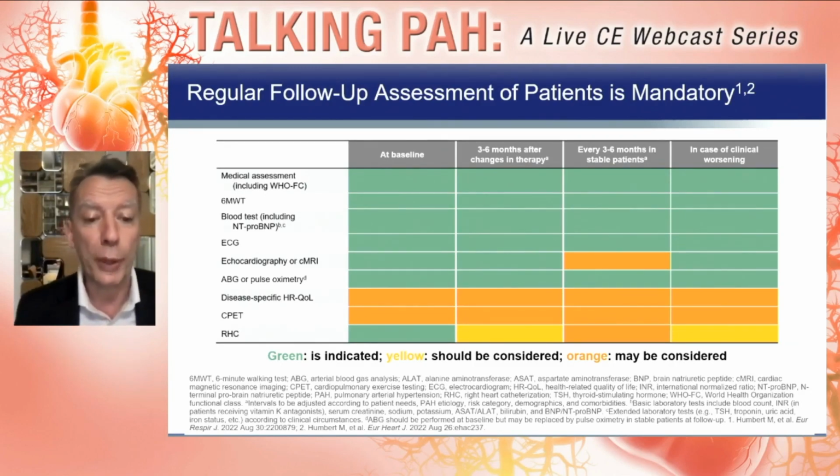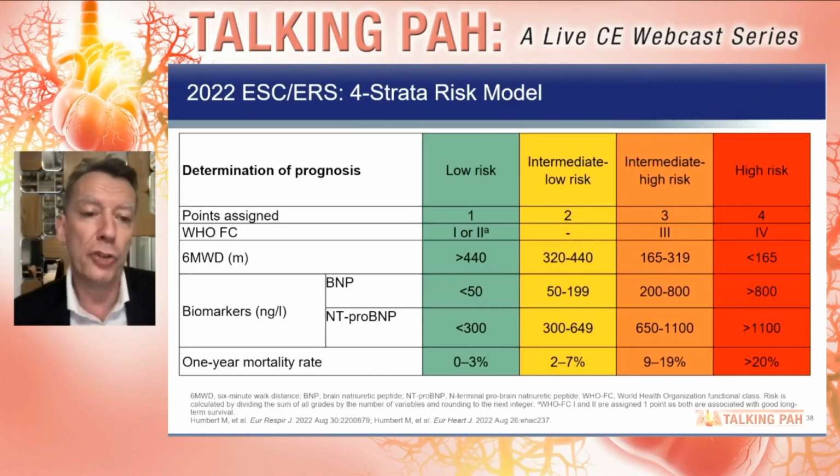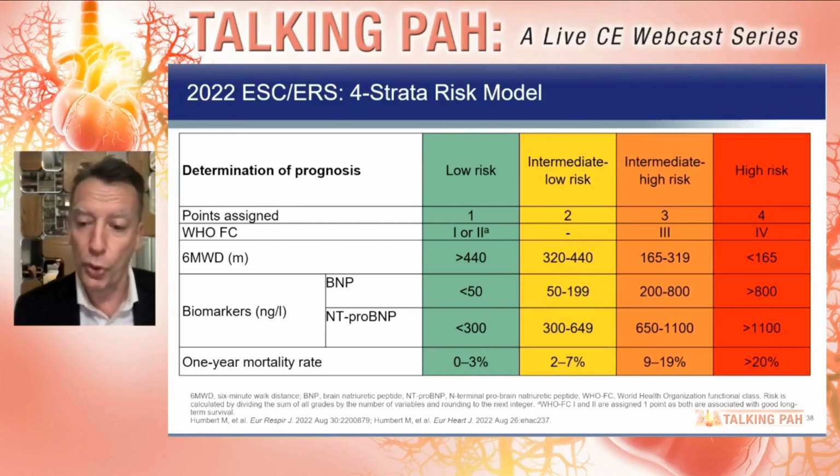And you see that we repeat quite a lot of non-invasive measures. And based on this recommendation to repeat quite regularly non-invasive measures, there is this European 4-strata risk model where we took the three most important non-invasive measures: 6-minute walk distance, biomarker BNP or NT-proBNP, and the functional class.